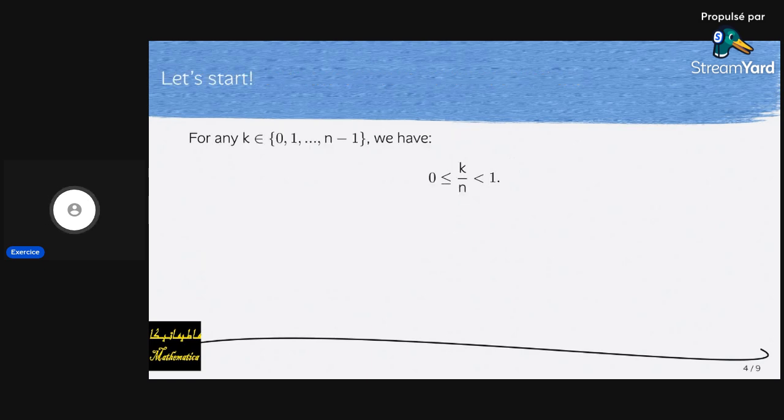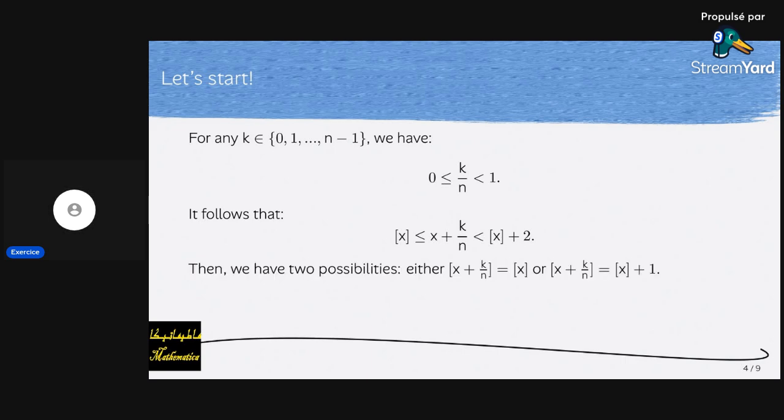So let's start resolving our exercise. For any k between 0 and n minus 1, we have k over n is between 0 and 1, which is natural because k is less than n. It follows that x plus k over n is between the integer part of x and the integer part of x plus 2.